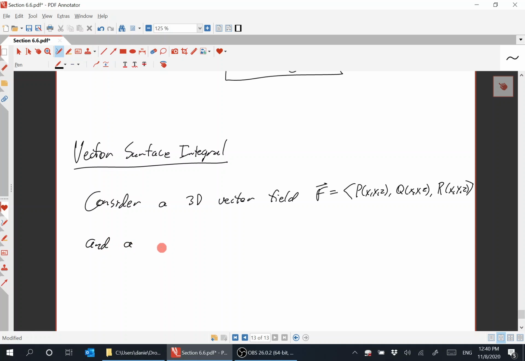And a two-sided surface, S, and we put an arrow onto it to mean that it's oriented from side 1 to side 2.